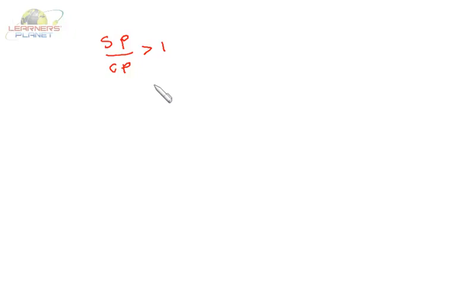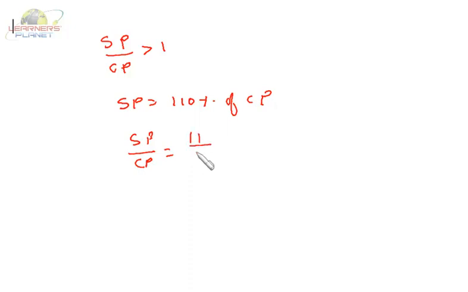If it is a 10% profit, that means SP is 110% of CP, isn't it? That means SP by CP is equal to 110%, or we can say 11 by 10. That means SP by CP is 11 by 10 or 1 plus 1 by 10. That means this is representing 10% of profit.